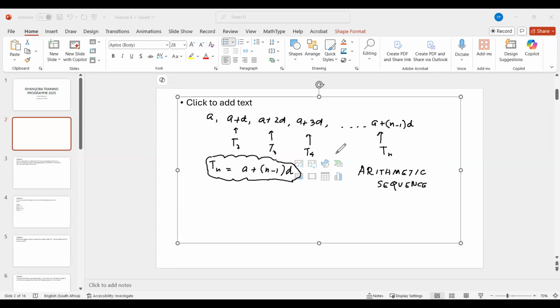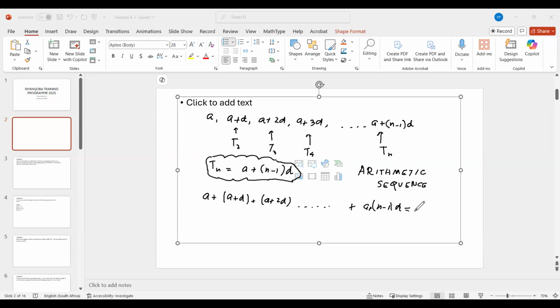Now, an important thing about this is that you can identify the nth term, but you can also add. There's a way of adding all the n terms. So if I want to add a and a plus d and a plus 2d plus a plus n minus 1 times d, that's your last one.